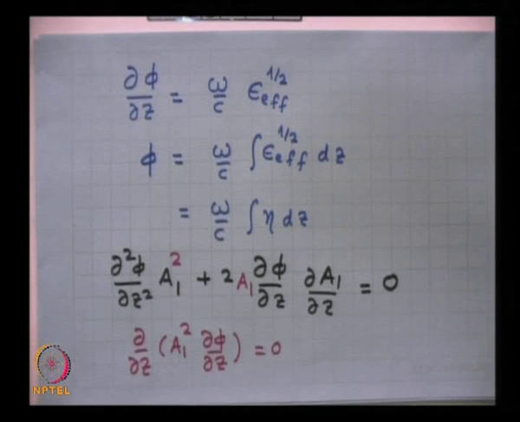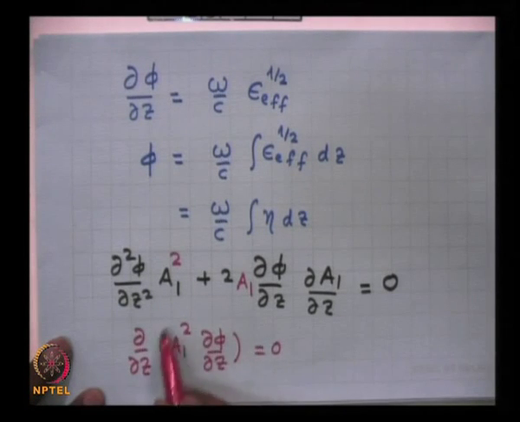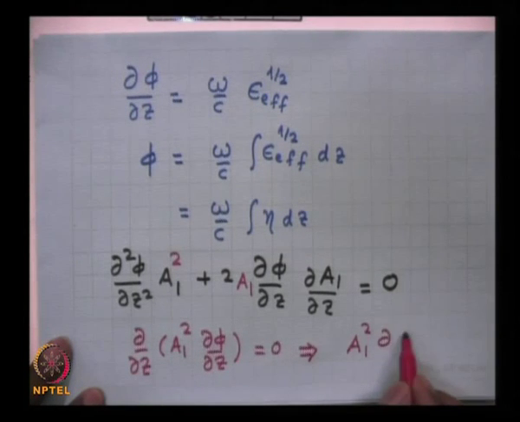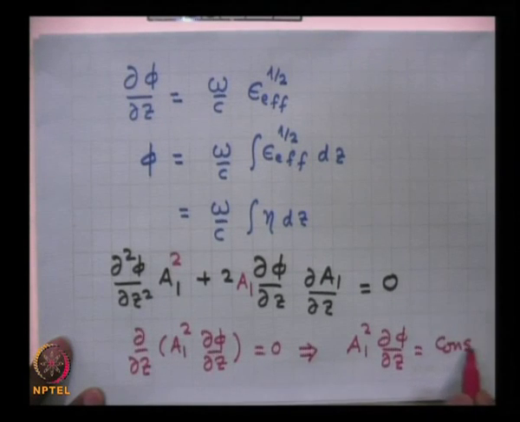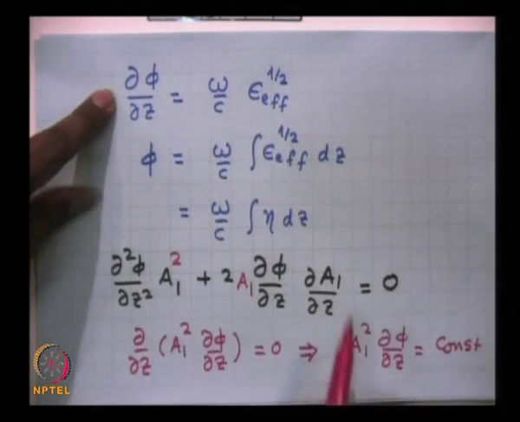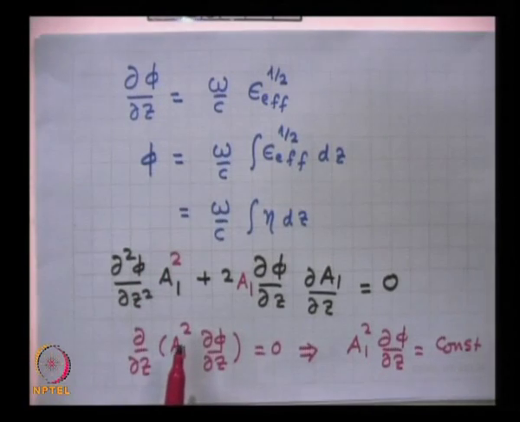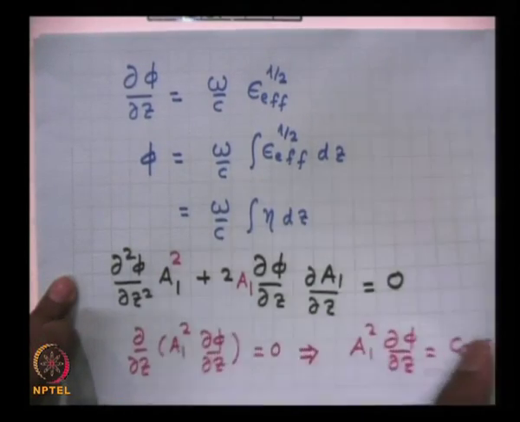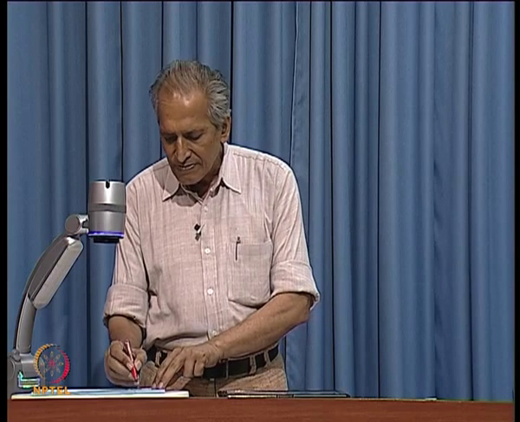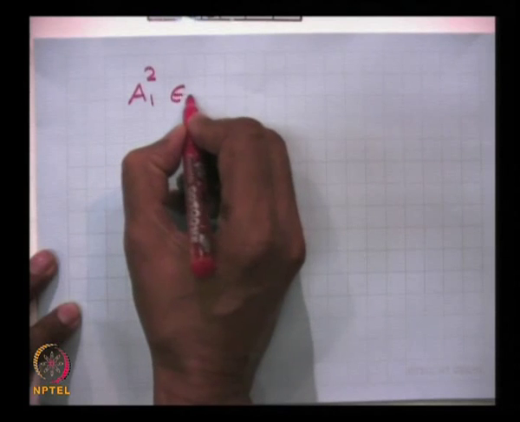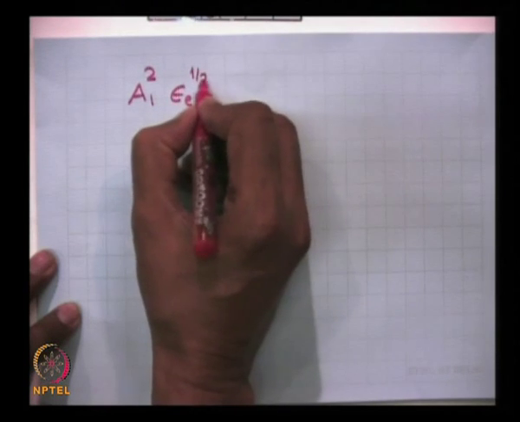You can just check it, which means this is a constant. A1 square delta phi by delta z is equal to constant. Let me put the value of delta phi by delta z from this expression here. It is omega by c into epsilon effective to the power half, and because omega by c is a constant, this equation tells you that as the wave travels, A1 square into epsilon effective to the power half is equal to constant.